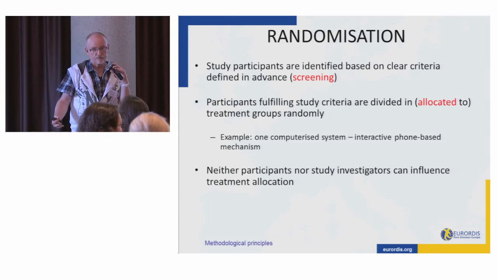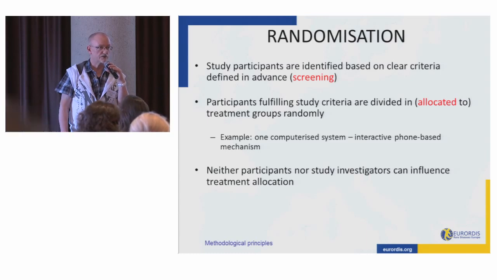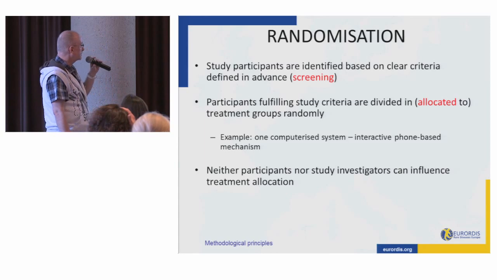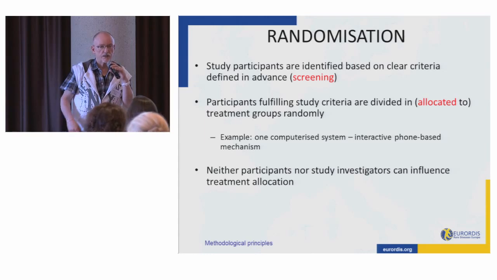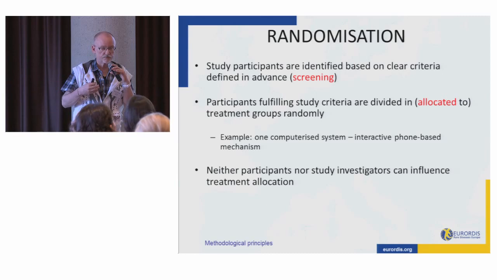We had closed envelopes prepared by someone who was not involved in the clinical trial conduct. That was one way of doing randomization. Now, there are a lot of different procedures that can be used when you do the actual randomization, and I'm not going to go into that level of finesse, but it's important to understand what the process is about.